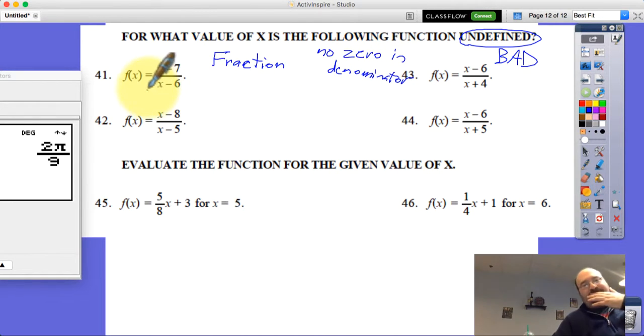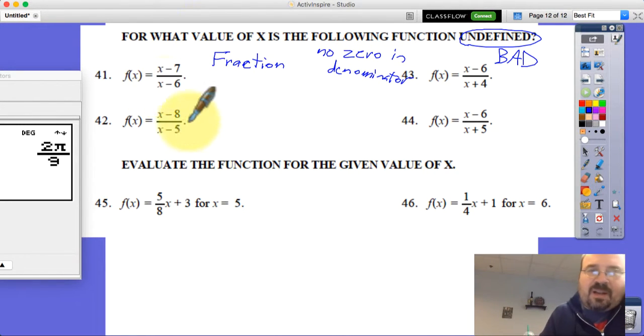So as I look at this function and I think about all the things that I could plug in for x, the one thing I don't want to plug in is something that would make the bottom 0. So what would be bad to plug in for x? What would cause the bottom to be 0?